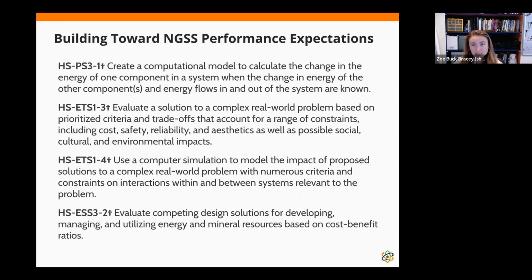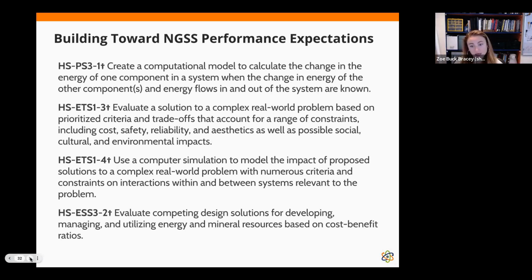And that manifests in this unit as students thinking about, it's less about the way we traditionally think of engineering as refining a device right here in front of me in the classroom, and more about thinking about large-scale solutions for the problem of our electricity grid. And how we're going to create a grid that aligns with our community values and is going to help provide reliable electricity for our community, whether that's a local community, a cultural community, or a global community.